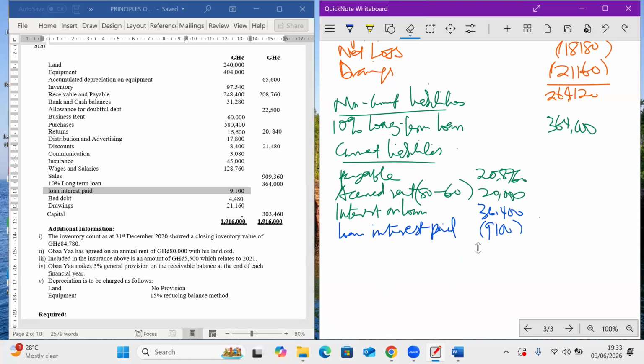Okay, let me see if there's anything else. Okay, I think that's all. Okay, let's add everything. What do we have? $230,060. 238,000 what?